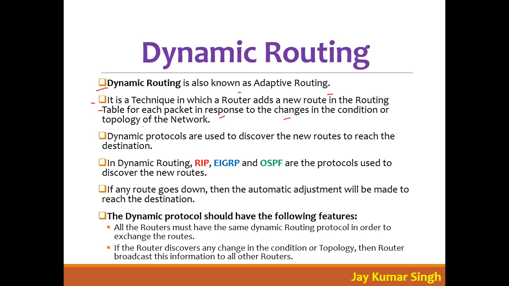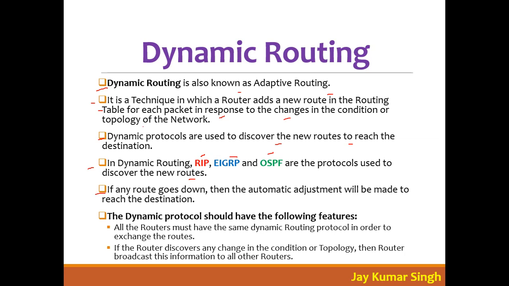Whatever network you want to send a packet to, you have to mention that network in your routing table. Dynamic routing is used to discover new routes to reach the destination. In dynamic routing you can have RIP, EIGRP and OSPF. These are the protocols which are used in dynamic routing.